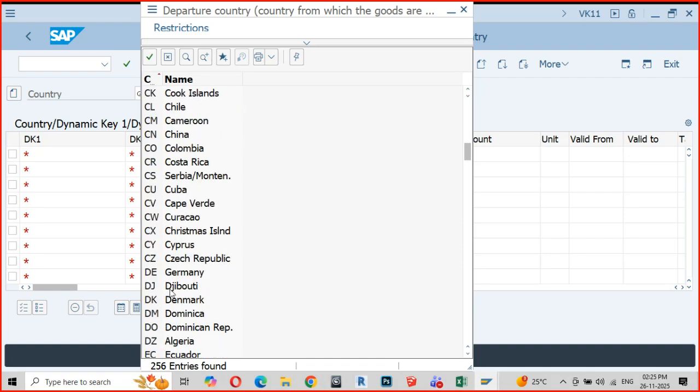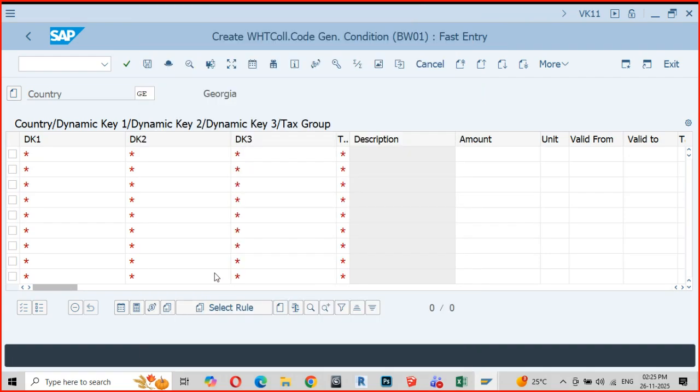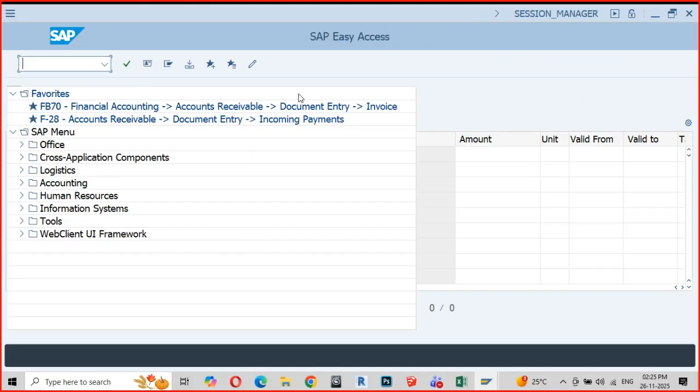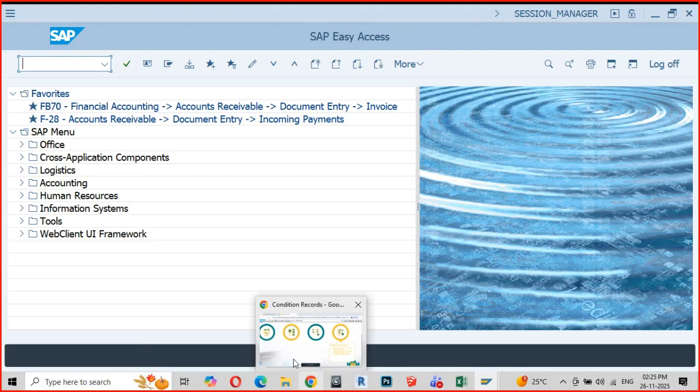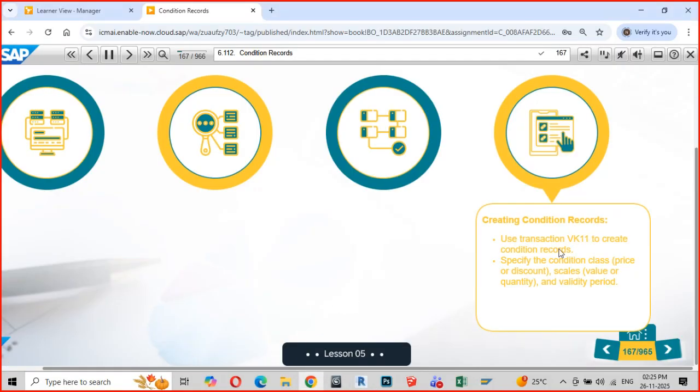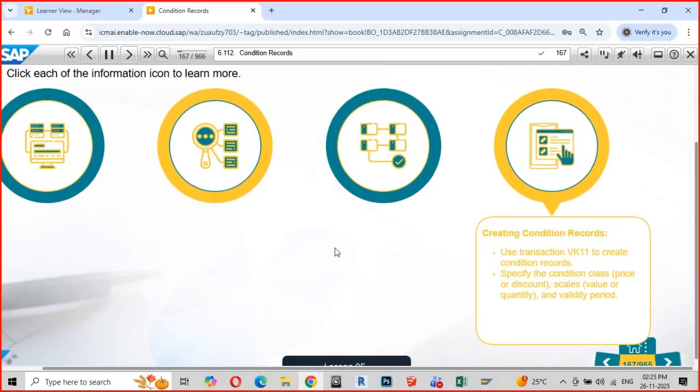See, DE, there is a... okay, even this doesn't have. Okay, no problem. So you see, based on this is how your condition types look like. Condition records. So yeah.